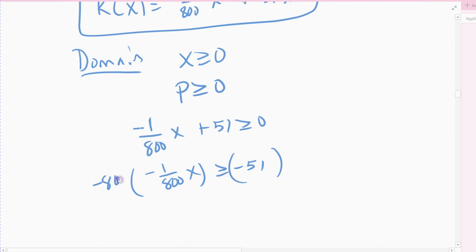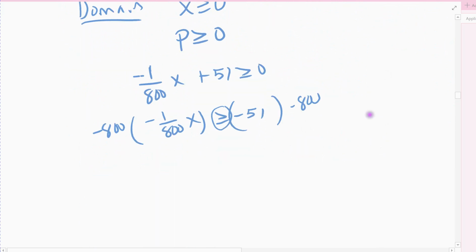Alright, multiply by, and again I'm multiplying by negative, so I'll have to remember to flip my sign. And so I get x less than or equal to whatever 51 times 8. So it comes out to be 40,800.